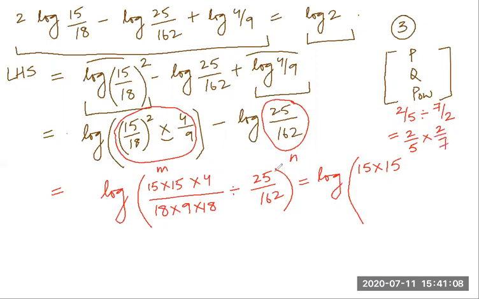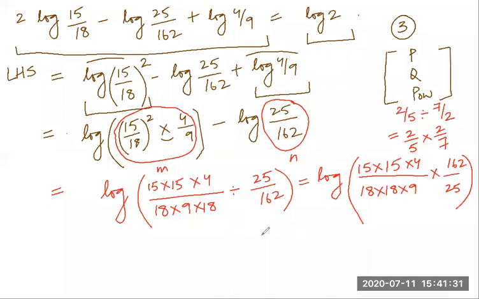That's all. So take the reciprocal: 15 into 15 into 4 divided by 18 into 18 into 9 multiplied by, tell me Monrose, the reciprocal, 162 upon 25. Never feel disheartened.